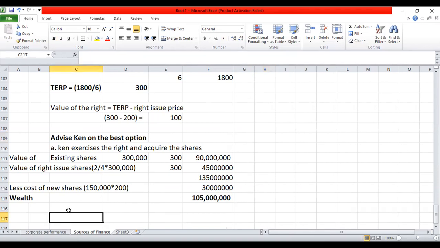Scenario number B, Kenny exercises the right but sells the shares, but sells the right.